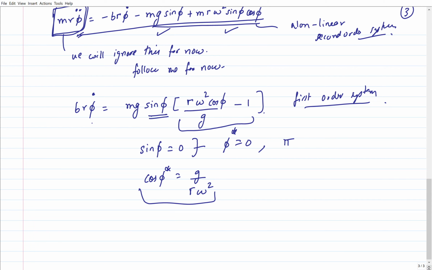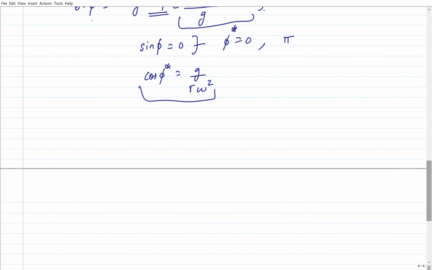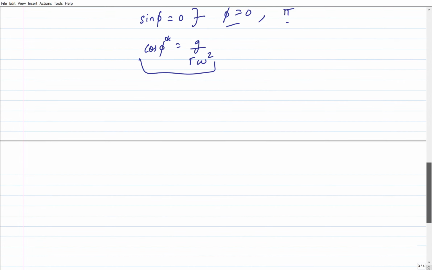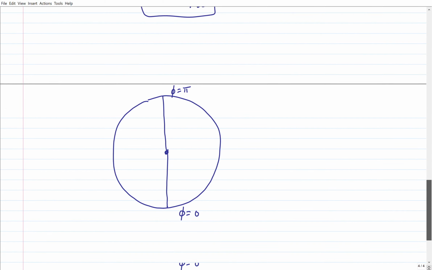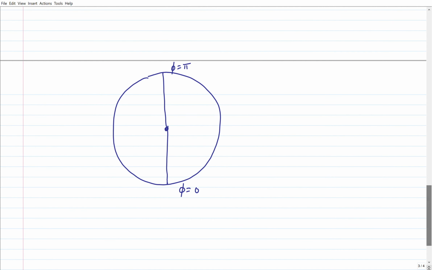So first look at the fixed points at 0 and pi. So what's going on? I have the fixed points, and when you do the stability analysis, these are the fixed points.